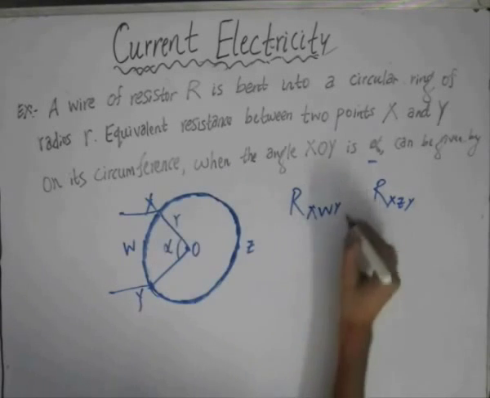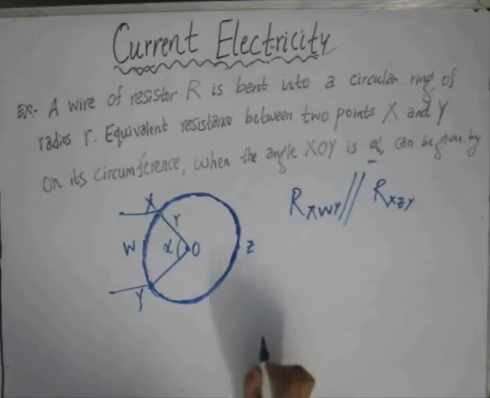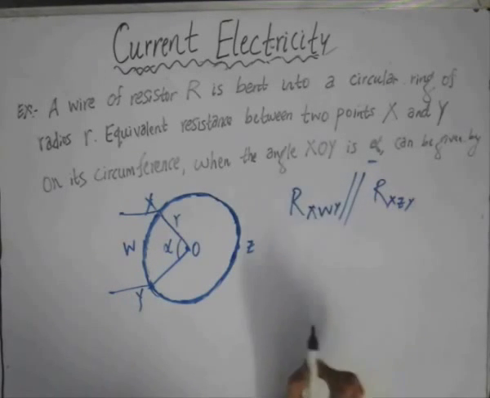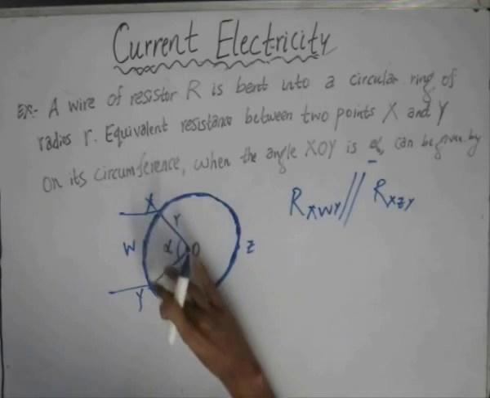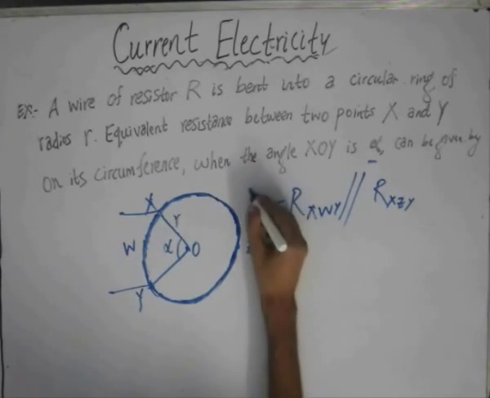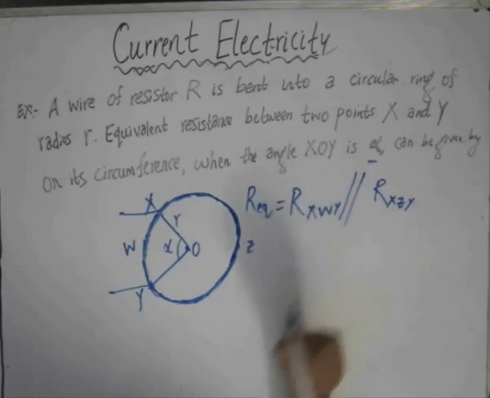These two resistances are in parallel. So what we need to determine is the parallel combination of RXWY with RXZY. This is our aim.